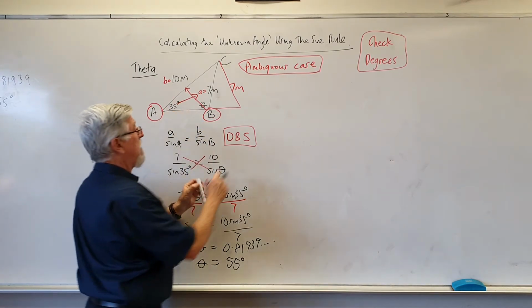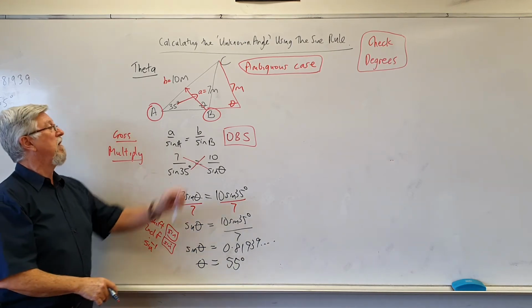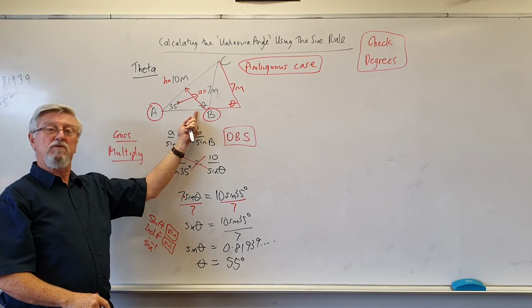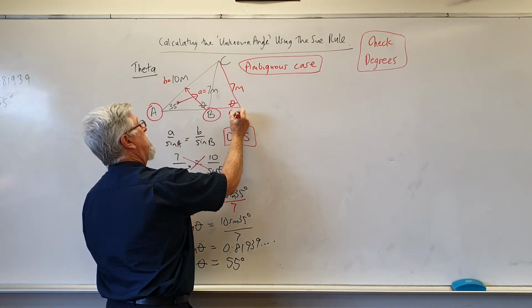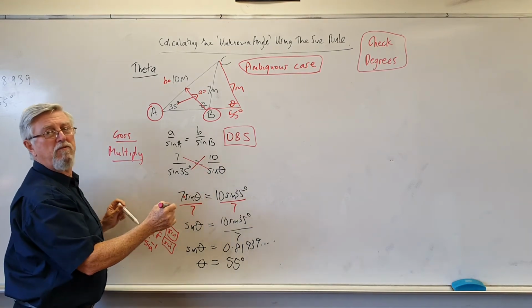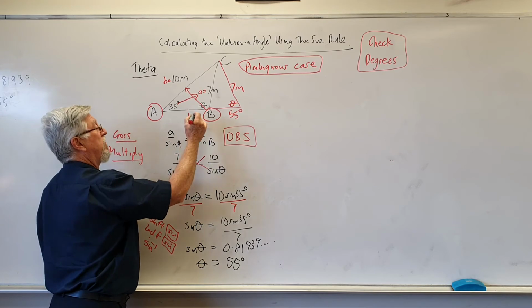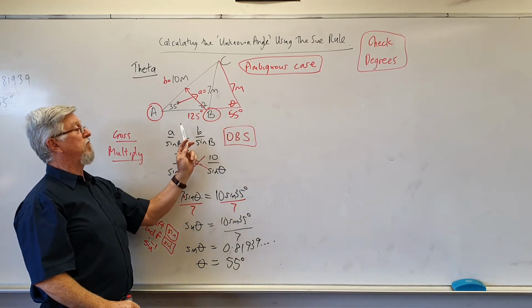So on this one, the angle comes over here to be sine theta there, and here's a simple rule. If this one turns out to be 55, this one will be subtracted from 180. So if this one is 55 degrees, this one subtracted from 180 will be 125 degrees. So 55 and 125.